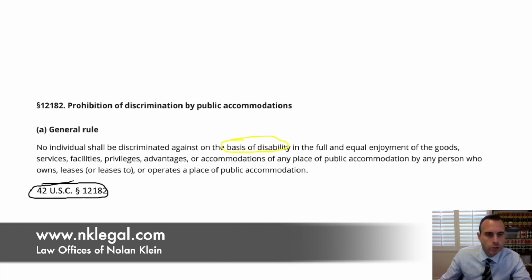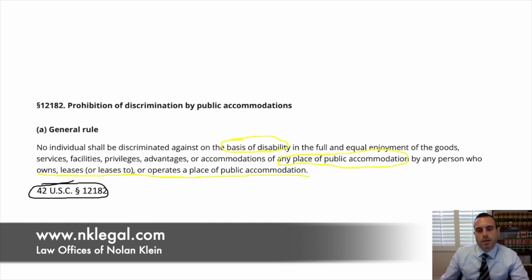So you cannot discriminate against anyone based on their disability in the full and equal enjoyment of the goods, services, facilities, privileges, advantages, or accommodations of any place of public accommodation, okay, by any person who owns, leases, or leases to or operates a place of public accommodation.